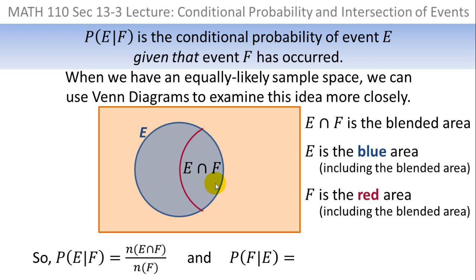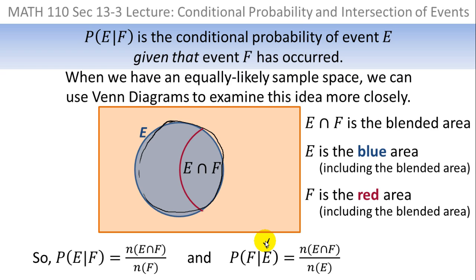So the probability of getting F is going to have to come from the overlap, because the rest of the circle F got eliminated, over the number of elements in the sample space, which has been reduced to E. The condition reduced the sample space to just E.